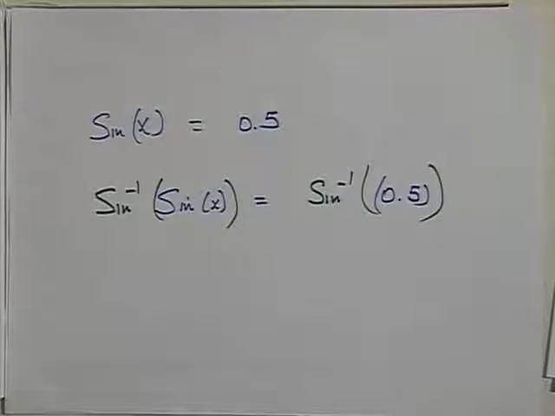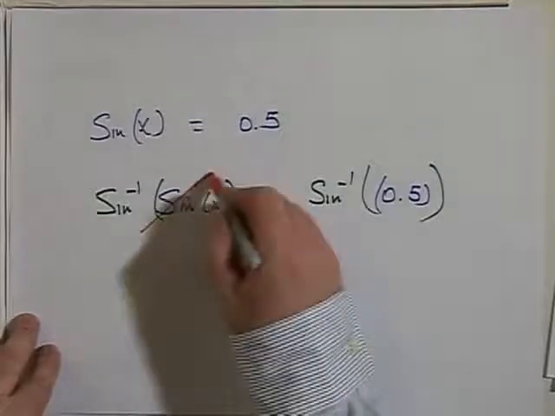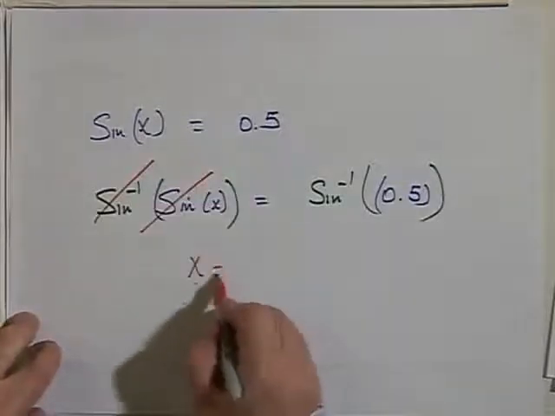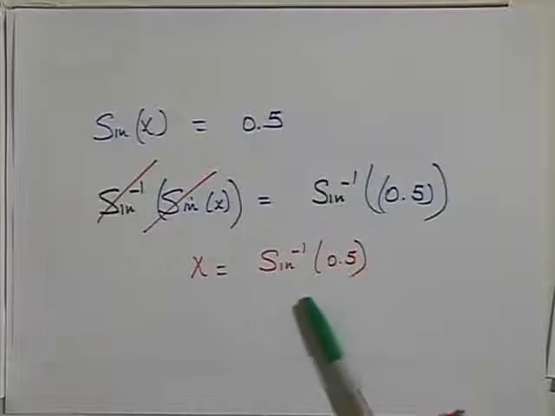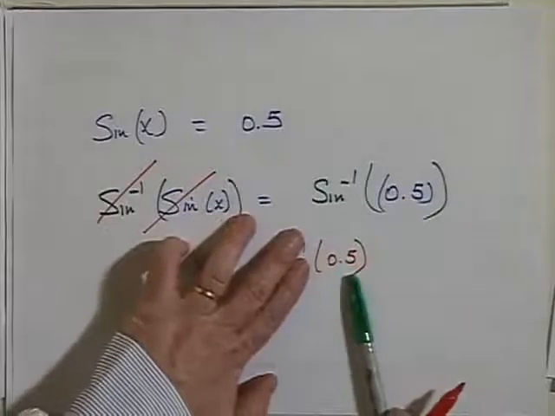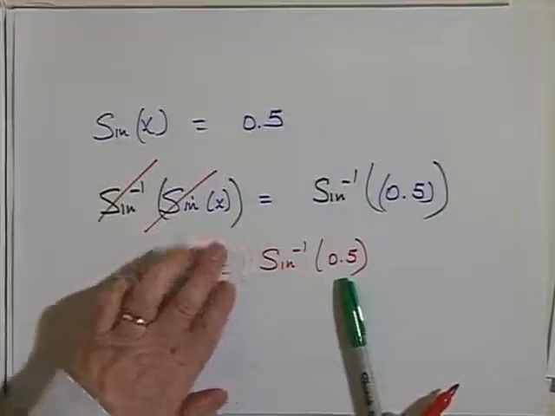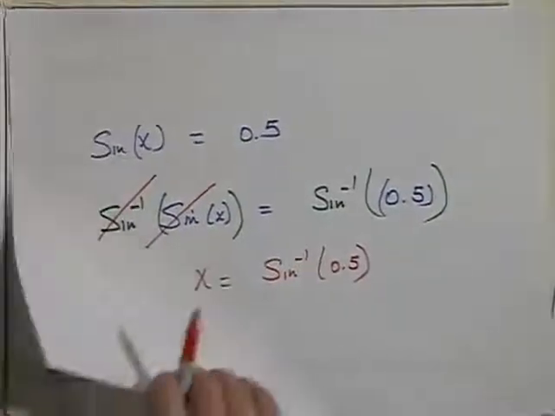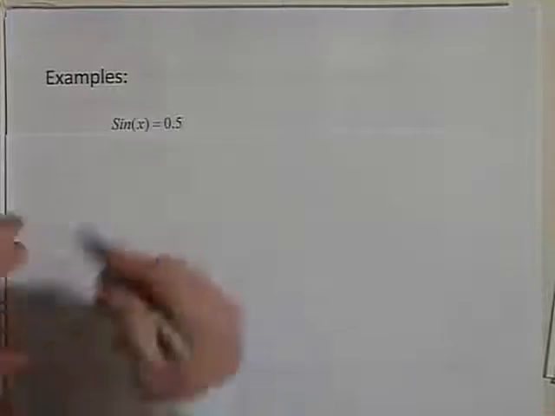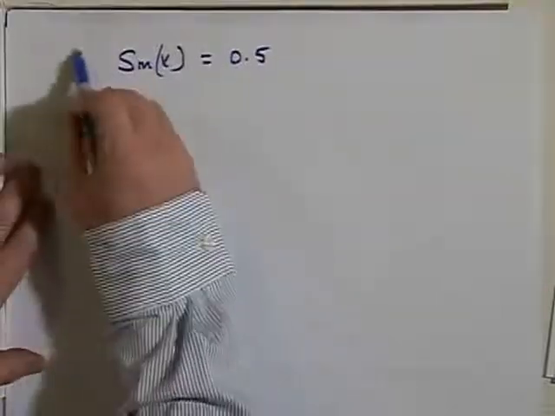Now it looks ugly, but remember why you did it. The inverse sine and the sine were done so they'd cancel. You get x is equal to inverse sine 0.5. Now that might still look a bit tricky, but remember that 0.5 is a number. An inverse sine is just something on your calculator. There's no x's there. Now you've solved for x. Is that okay?